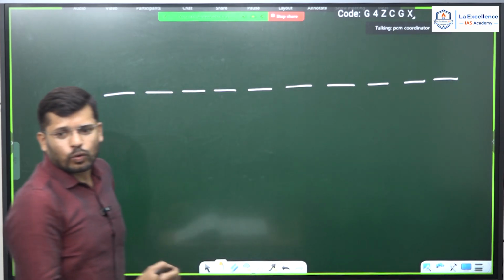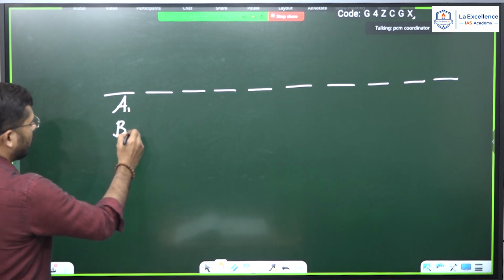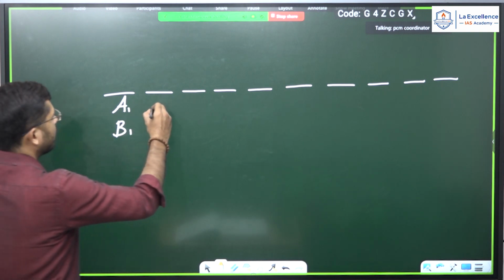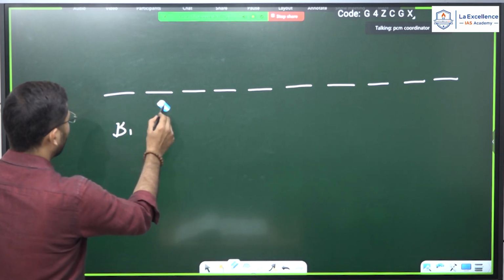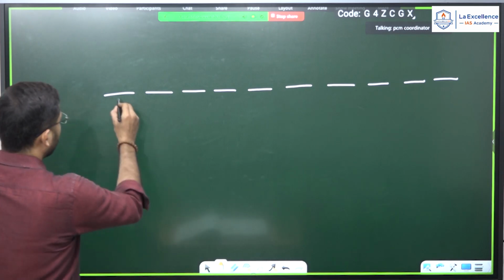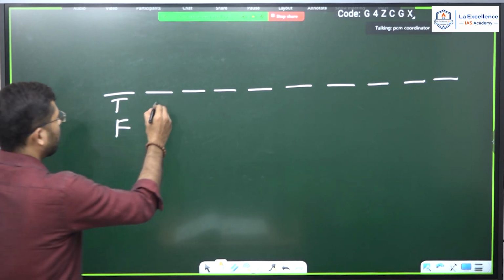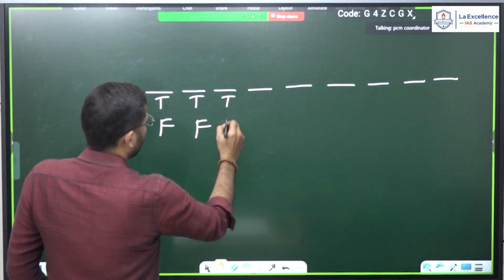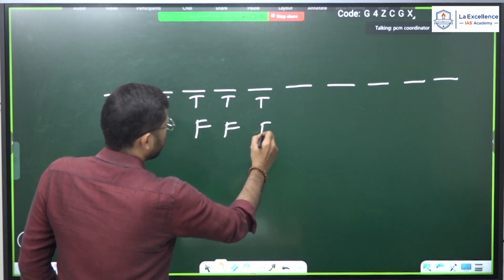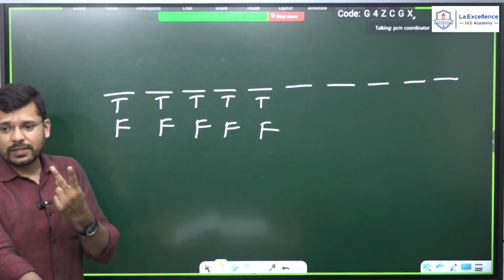So let these options be A, B. True, false. So the 2 options for the first question are true, false. Second question also true, false. Third also true, false. Fourth also true, false. Fifth also true, false. So each question will have 2 options, right?